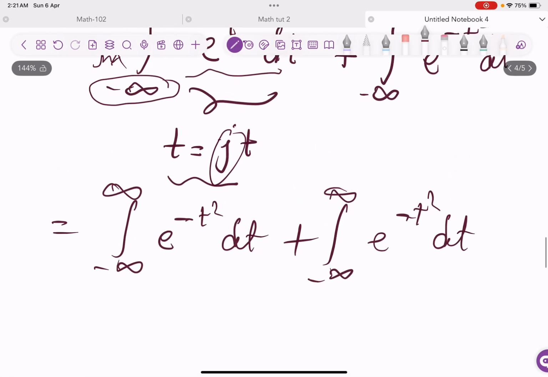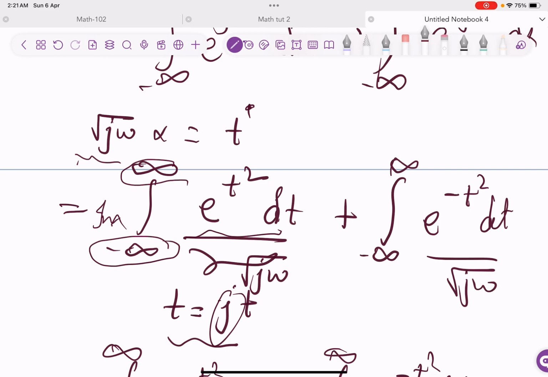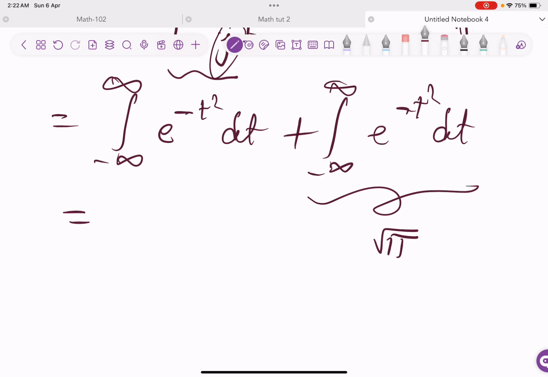I really forgot, there's 1 by root j omega here on both sides. Now this is basically a Gaussian integral, which boils down to root pi. There's also a j here again.